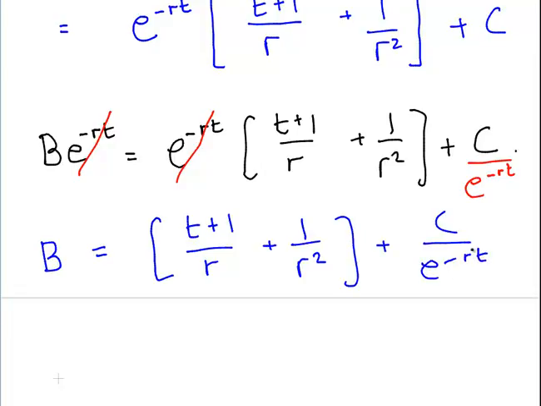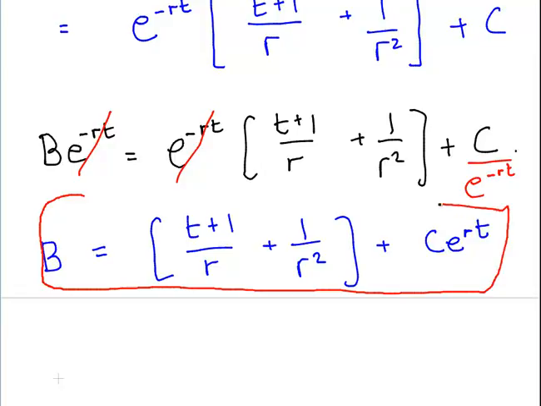Now you can simplify that last term there, c over e to the minus rt, if you just change the sign, or essentially just rewrite it as follows: c e to the plus rt. Okay? So pretty much this is a pretty good place to be right now.